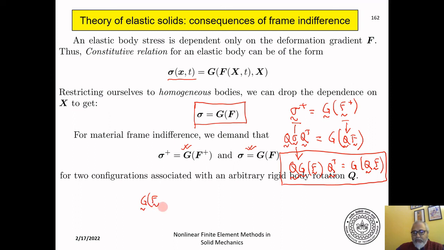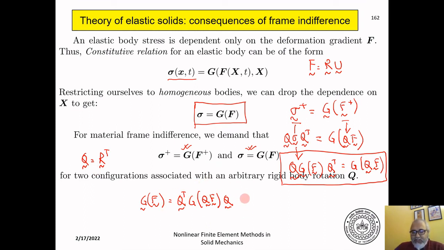So G of F will be Q transpose G of QF Q. And we're going to say that this has to be valid for any arbitrary Q, and therefore it has to be valid for the tensor R as well, where R comes out of the polar decomposition of F. So F is equal to RU, and for this R, or rather for R transpose also, if I take Q equal to R transpose, which is also a rotation, this should be valid as well.